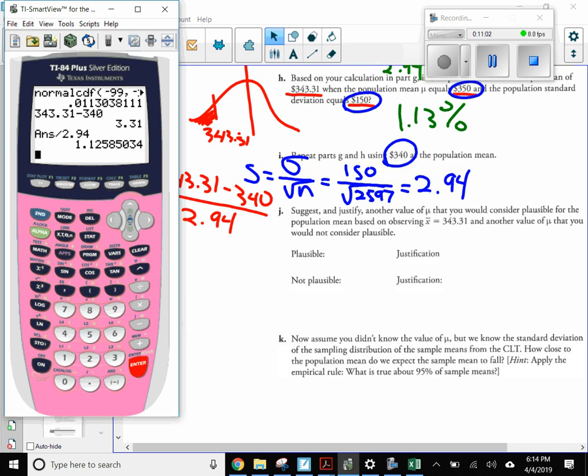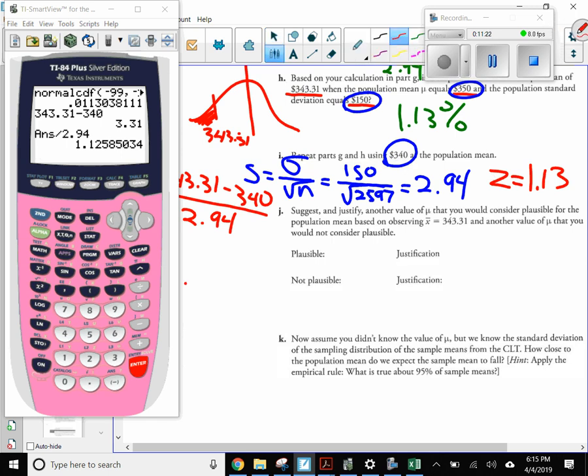Well, that's a much more likely probability. That is a z-score of, so z is going to equal 1.13.